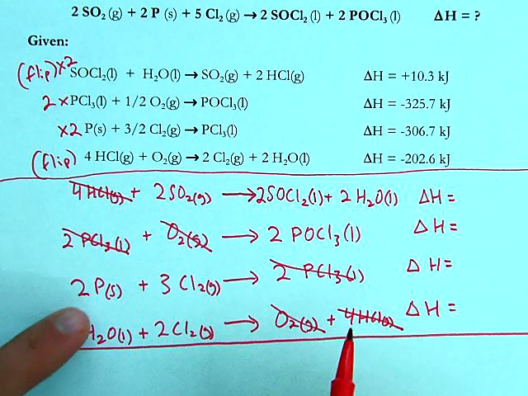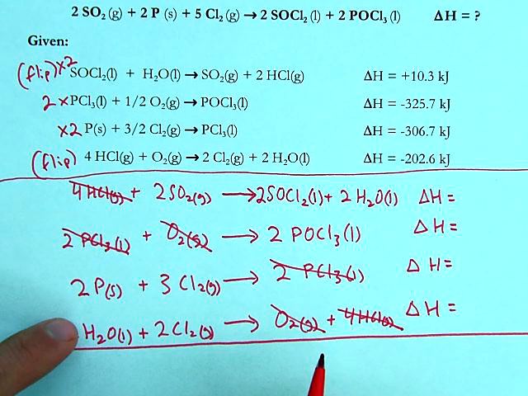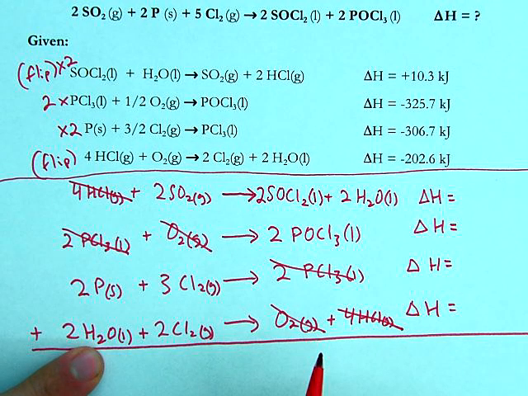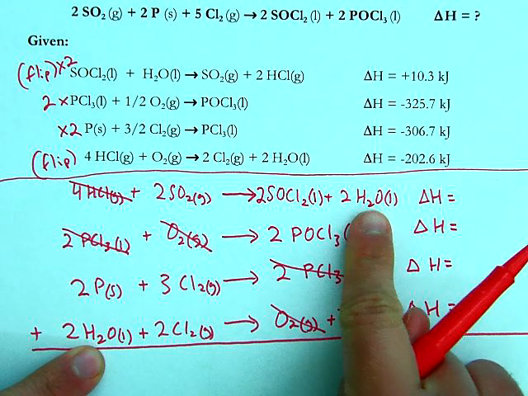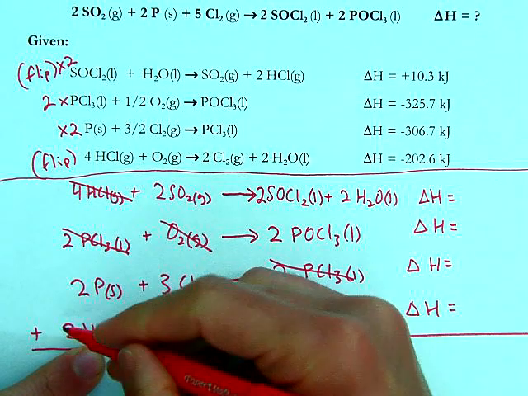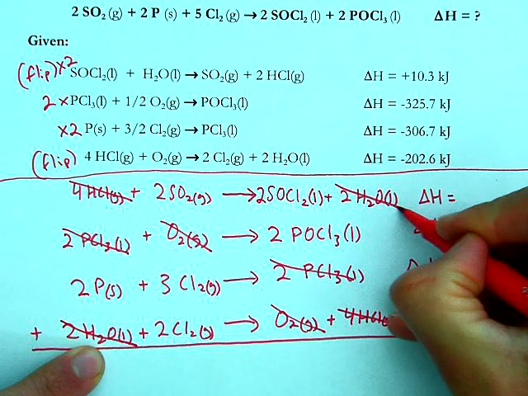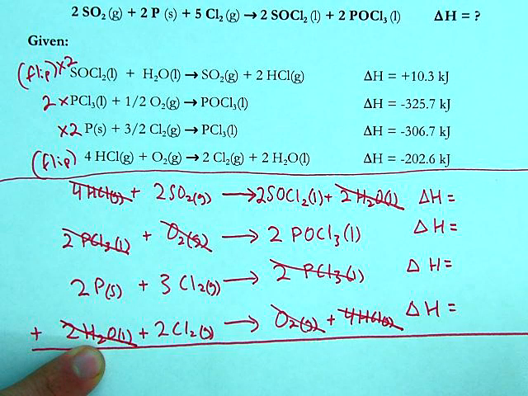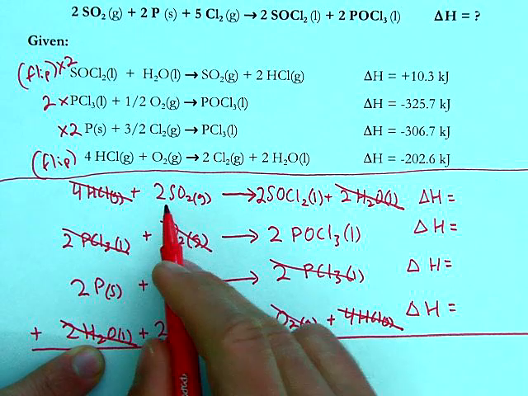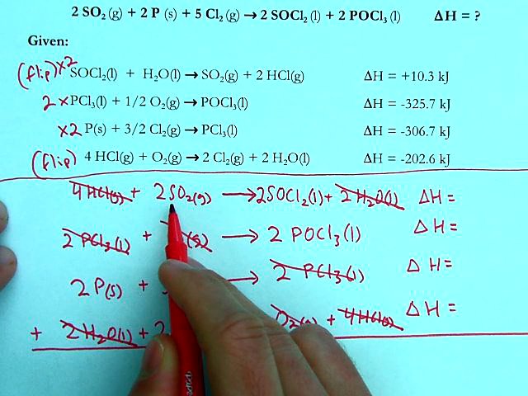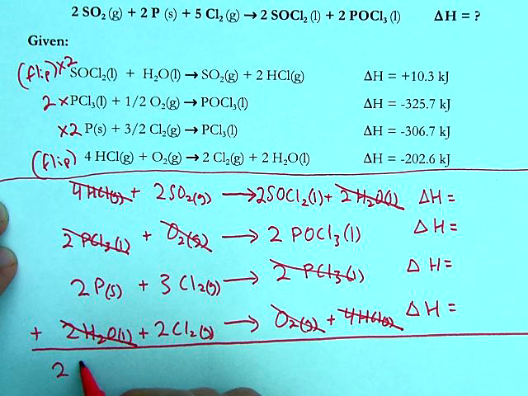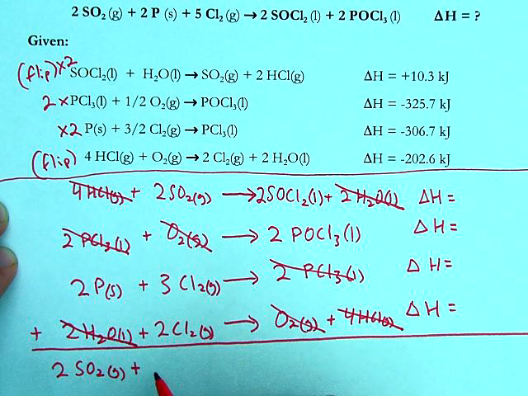I have 2 waters as a liquid on the left, and I have 2 waters as a liquid on the right. Those cancel. And look at what we're left with. I have 2 SO2s. I have 2 P's.